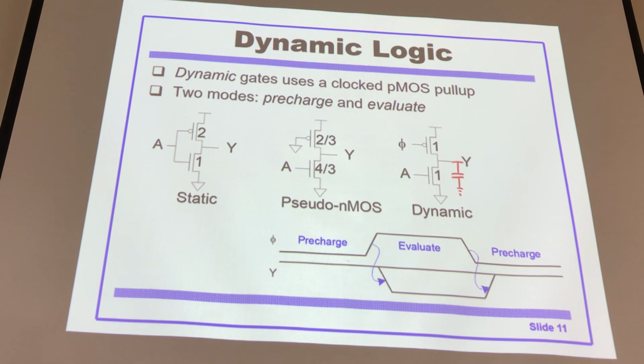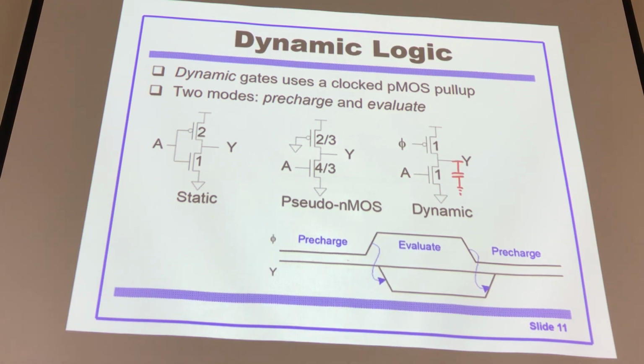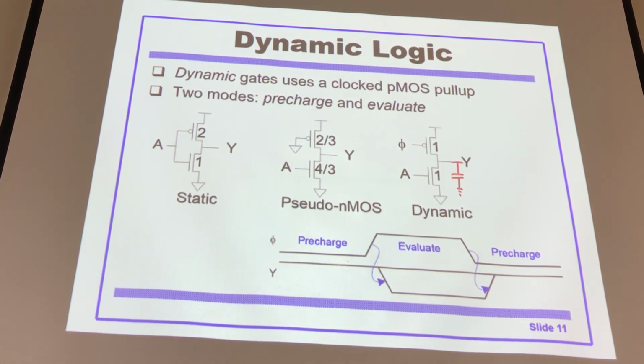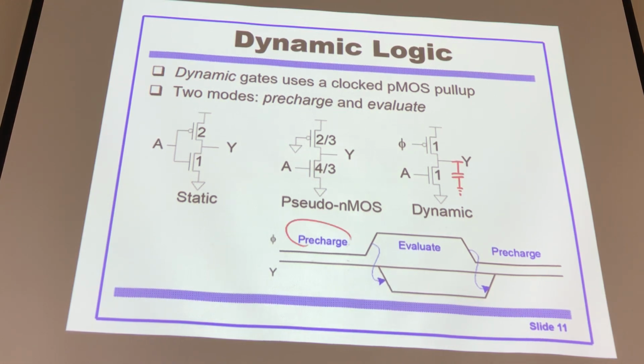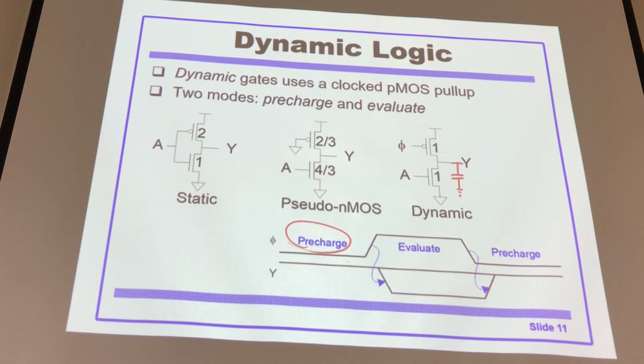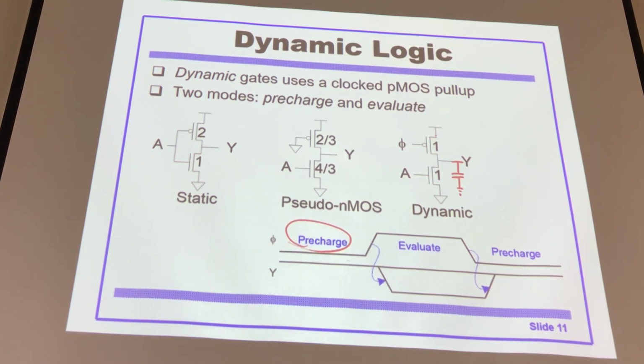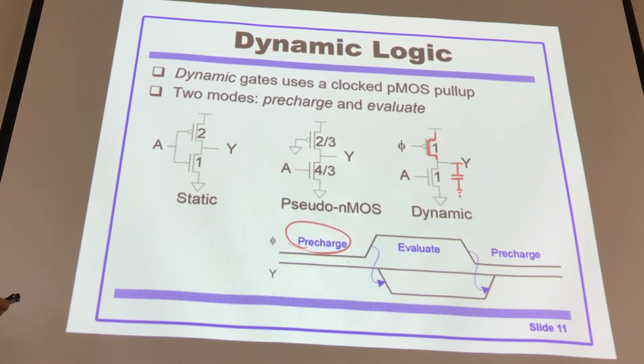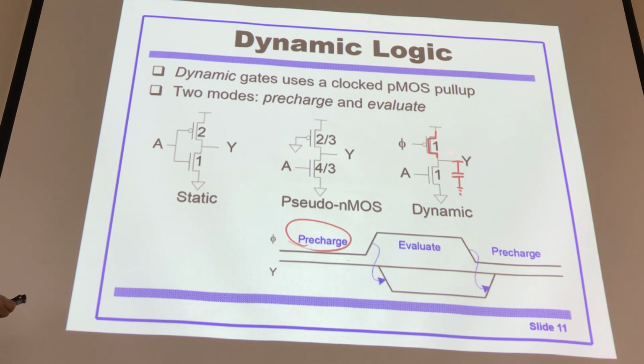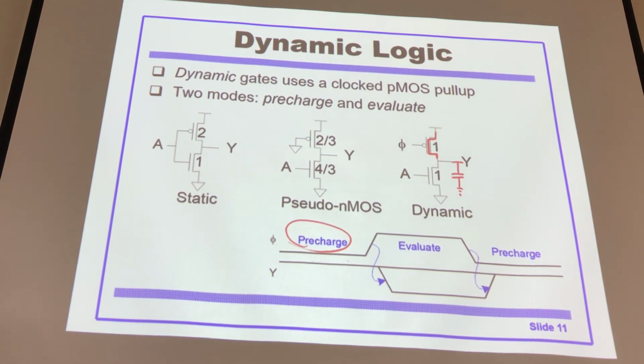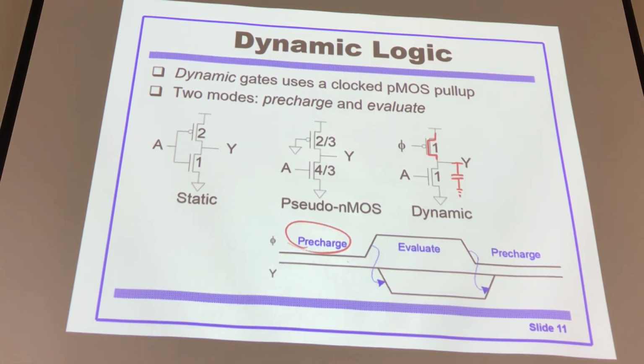So how does it work? During the pre-charge phase, the PMOS transistor is on, right? When the clock is low, the PMOS transistor is on. When PMOS is on, there's a current to charge the capacitor.